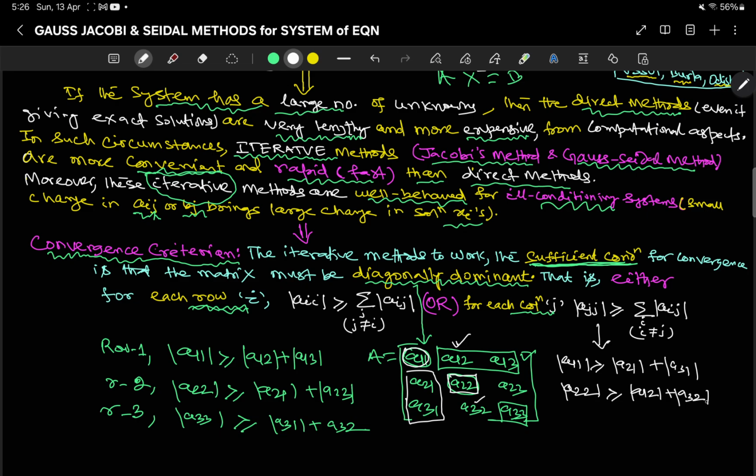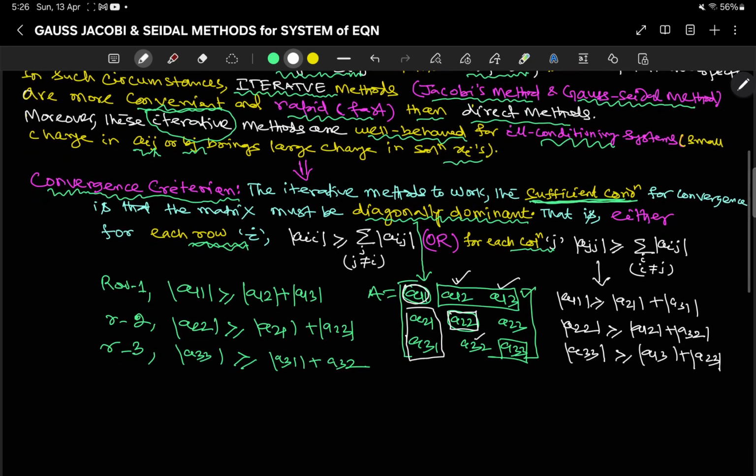And similarly, for the third column, |A33| is greater than or equal to |A13| plus |A23|. So if either of these conditions holds, then convergence is guaranteed.